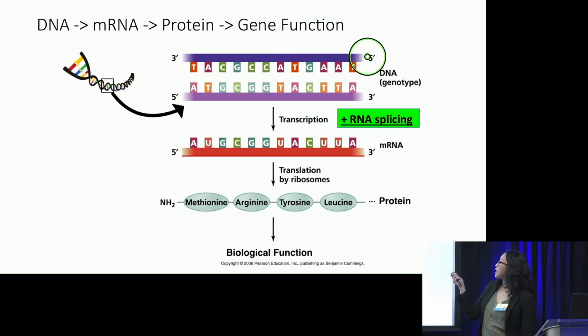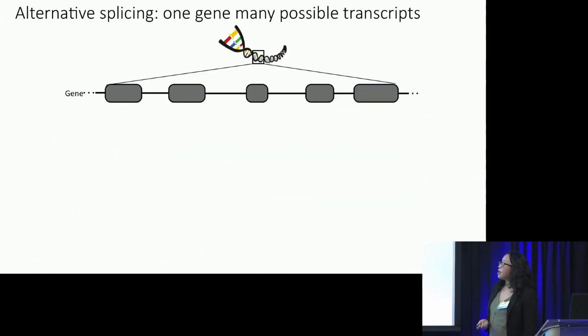After DNA gets transcribed into what's called a pre-messenger RNA, it then gets spliced. So what is RNA splicing? Moreover, there's a process called alternative splicing. About 95% of our human genes go through this process. So it's very, very frequent that we have this type of gene processing.